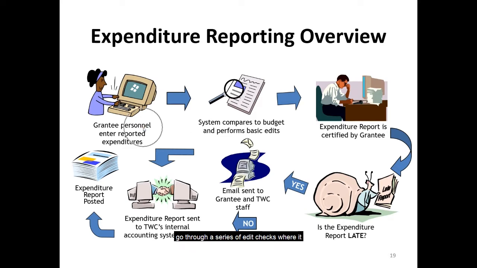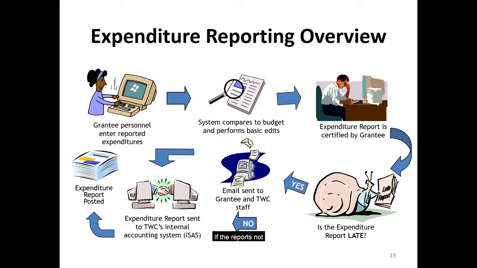The system will go through a series of edit checks where it looks at whether your expenditures and or obligations are within your budgets for each particular cost category. If they are, the report will go to ready for review status, meaning it's passed all its edit checks. The individual who has the ability to certify the report within your entity will certify, and that will allow TWC to post the report.